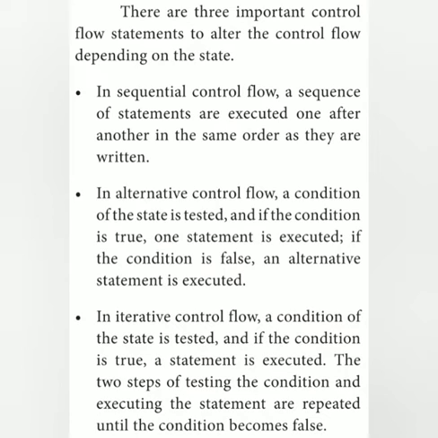The alternative control flow checks the condition only one time: if true, the true block executes, otherwise the false block. That is the iterative control flow. These are the three types of control flow depending on the state.